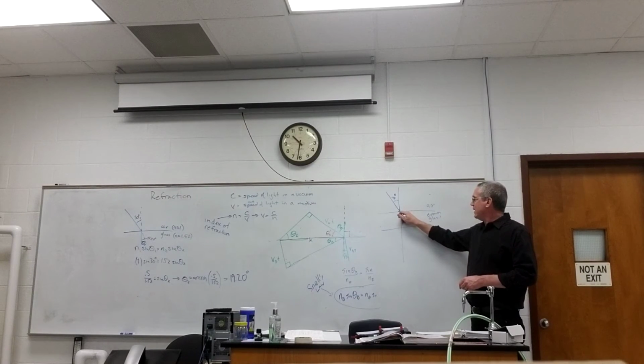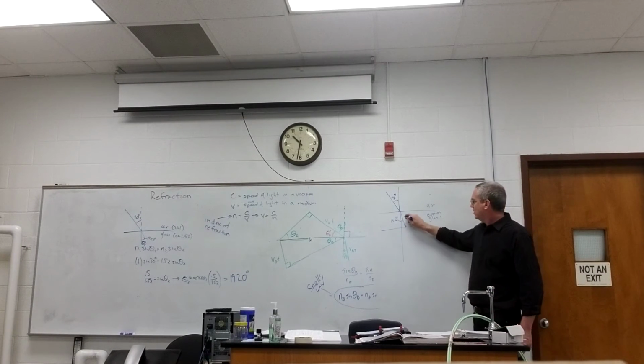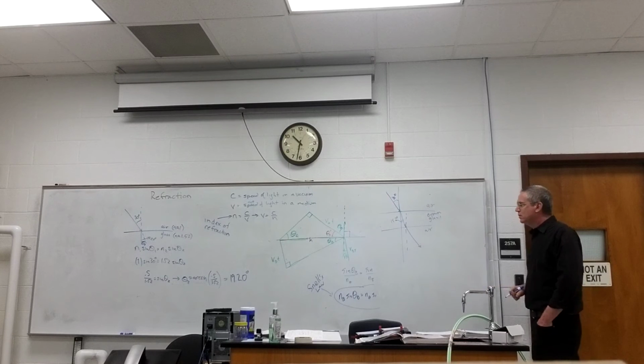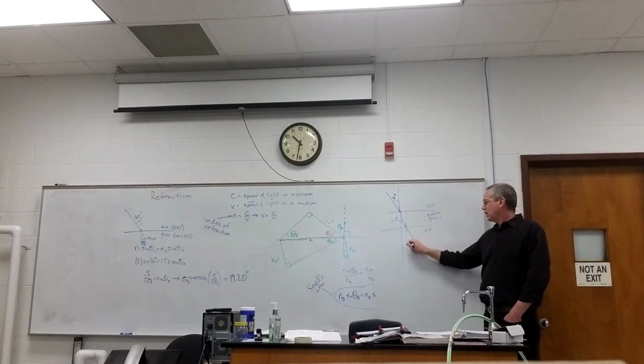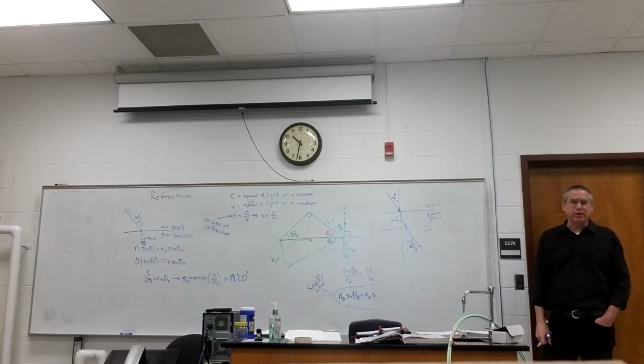So if this is coming in at a 30-degree angle, it's going to be then going through the glass at a 19.2 degree angle. When it gets to air again, what is going to happen? Well, it should bend away from the normal because it's a lower index of refraction. We'll call this theta 3. What is that angle there?